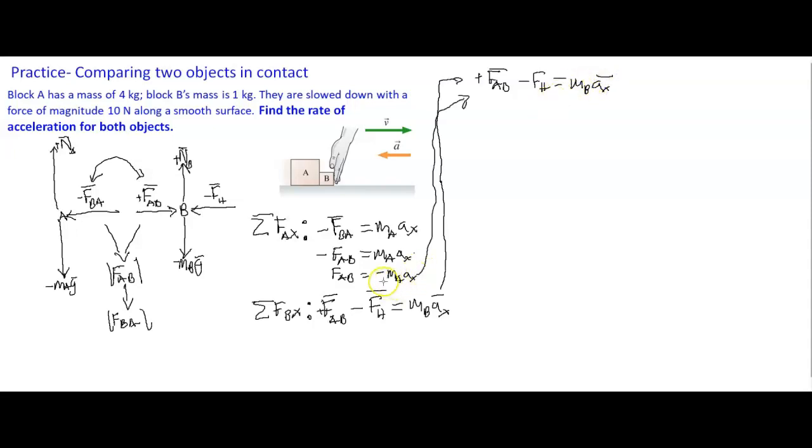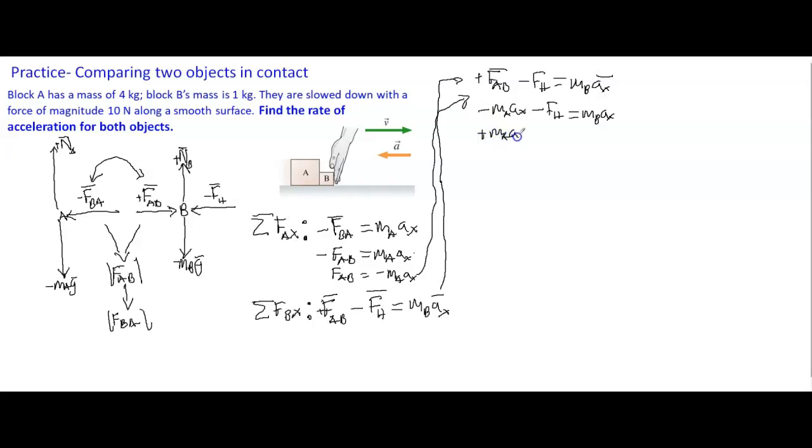Now let's bring force AB, which is equal to negative mass A times its acceleration, on up and substitute it in for force AB. So I've got negative mass A times its acceleration minus force of the hand is equal to mass B times its acceleration. Now I've got to do a little bit of algebra to solve this.